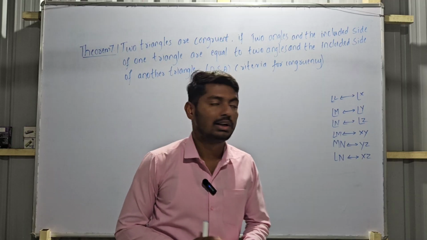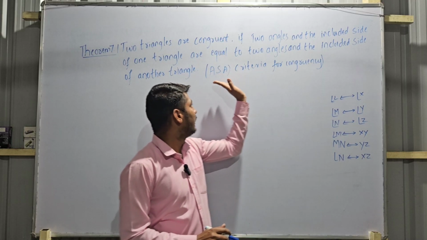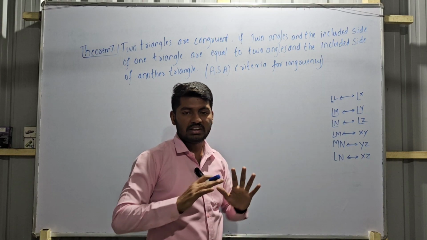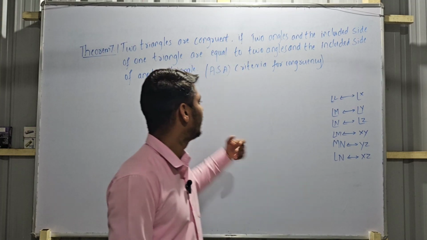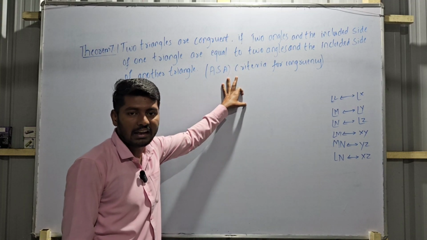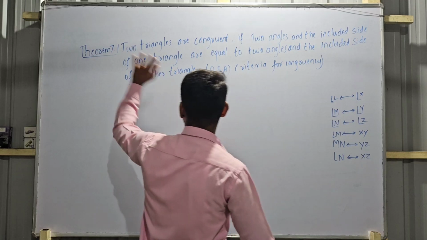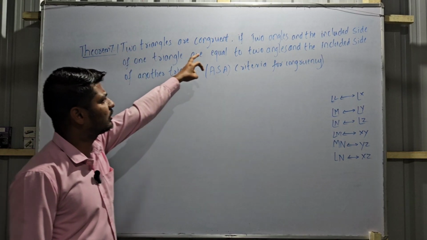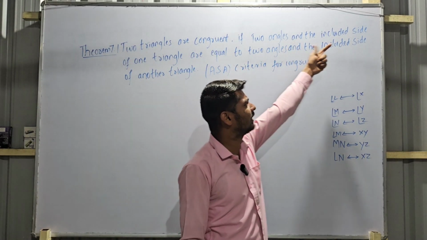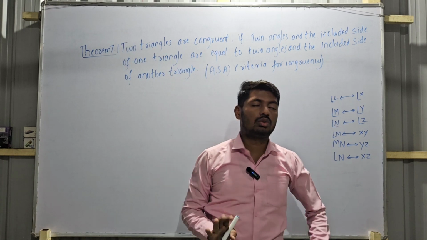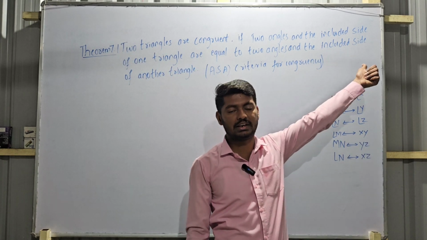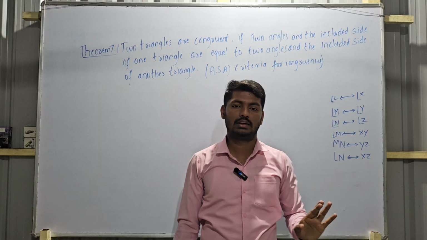Let us now discuss the second criteria of congruency of triangles, that is the ASA. Previously we have shown SAS, that is side angle side, and this is the angle side angle criteria. Same statement: two triangles are congruent if two angles and the included side of one triangle are equal to the two angles and the included side of the other triangle.